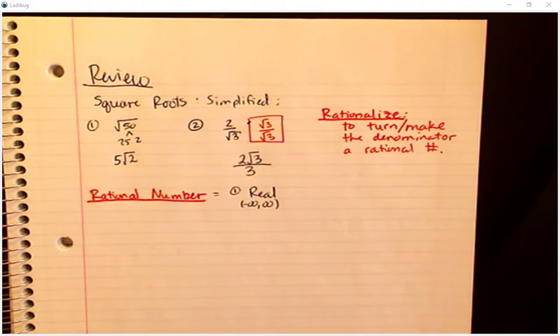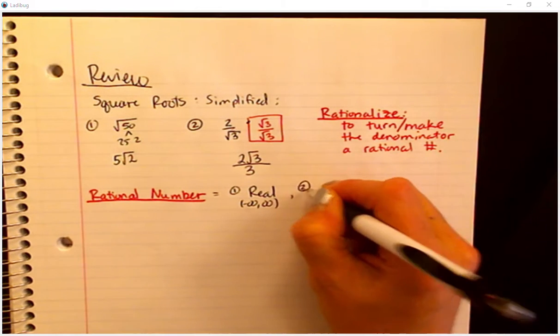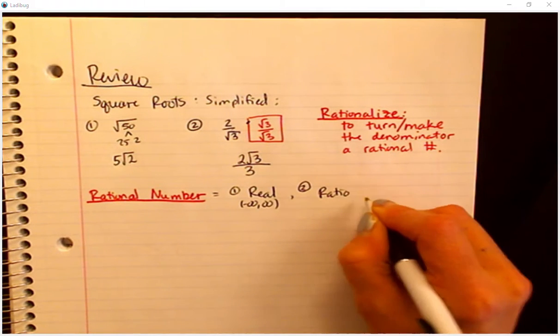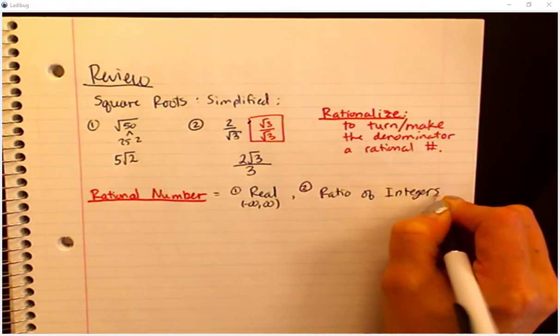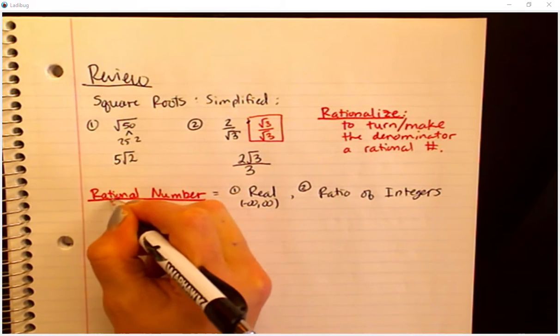Right? All real numbers. But there's a second characteristic to a rational number. Second, it's a ratio of integers. That's what a rational number is. That's why it says ratio first.